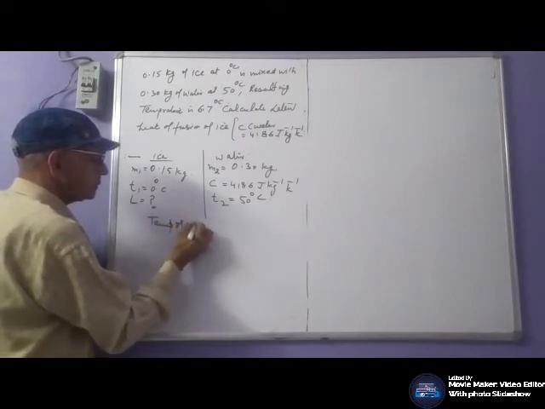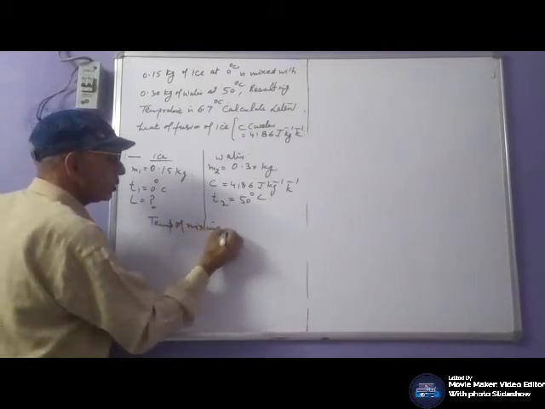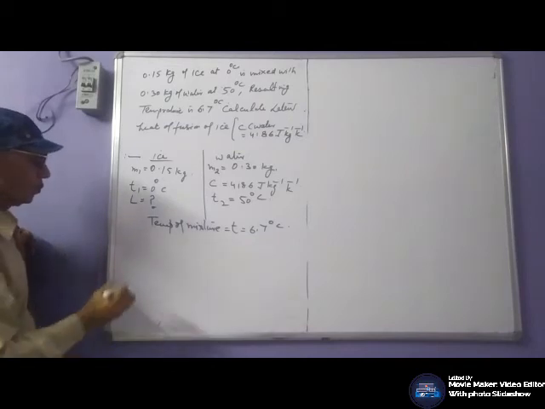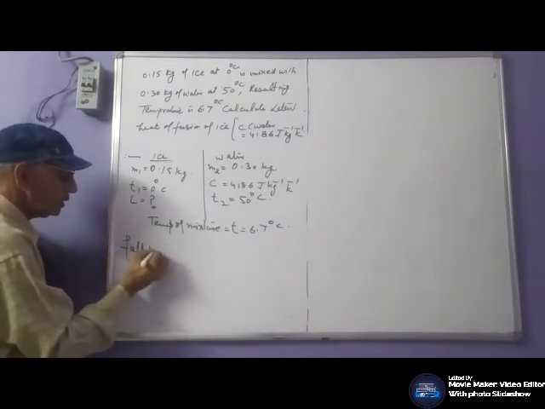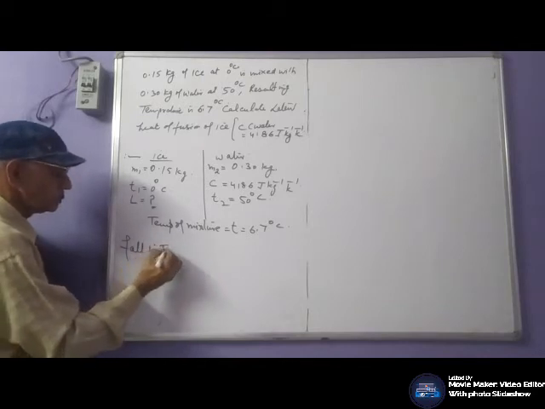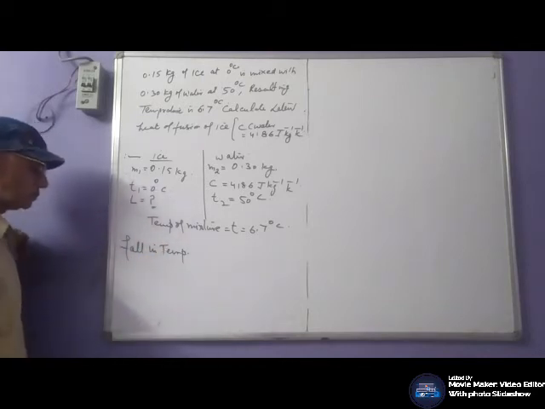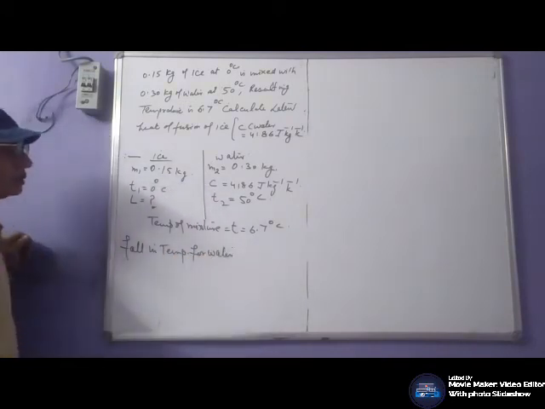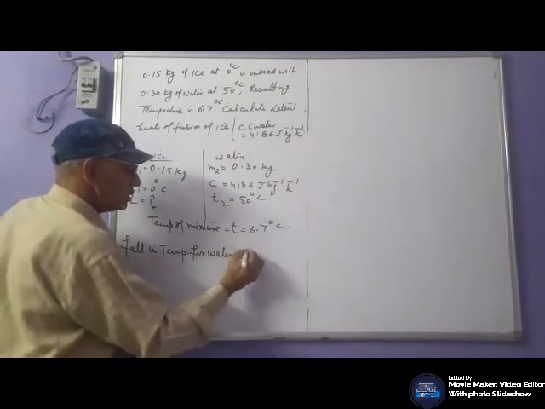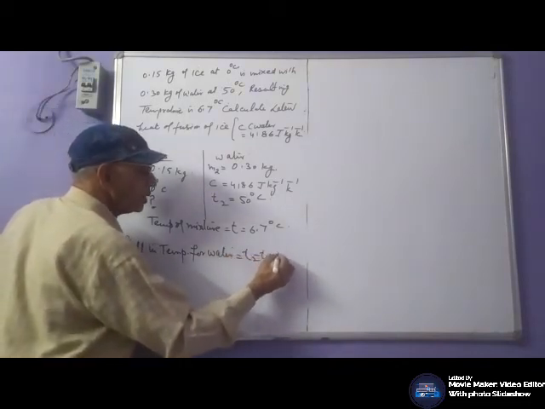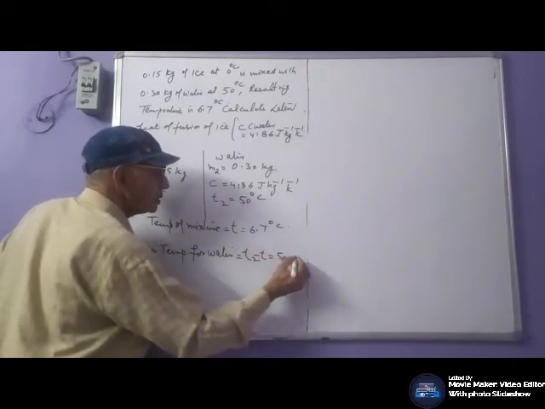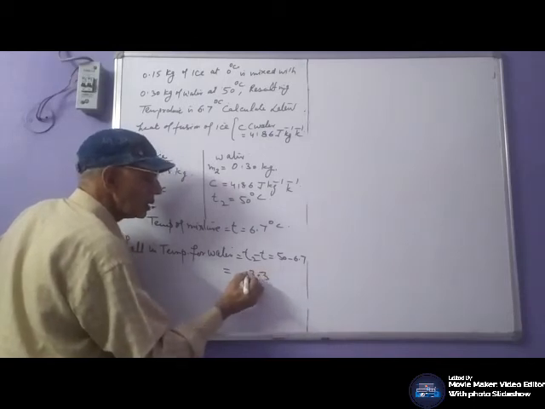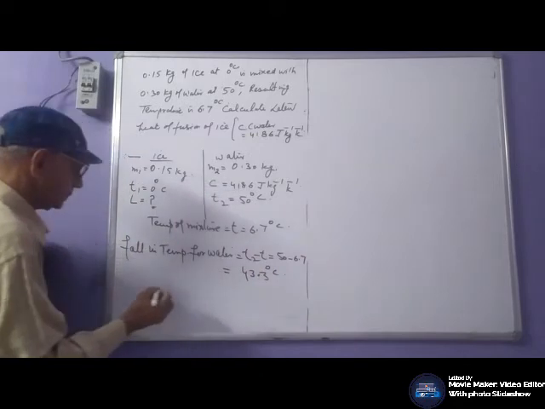The temperature of the mixture, T, is 6.7 degrees Celsius. Fall in temperature for water is T2 minus T, which is 50 minus 6.7, 43.3 degrees Celsius.